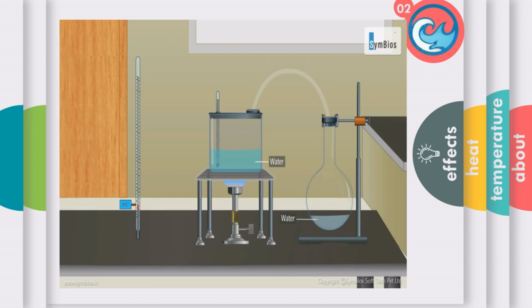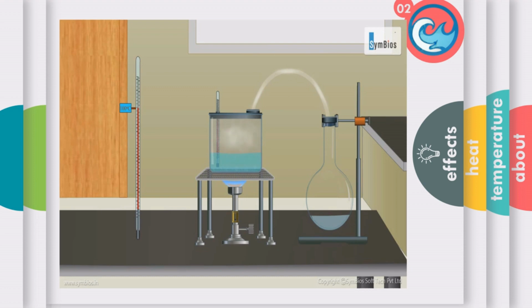The temperature starts rising after the ice in the vessel is all melted to water. The rising of temperature stops again at 100 degrees Celsius, when water starts boiling. As water boils, the temperature level remains the same.